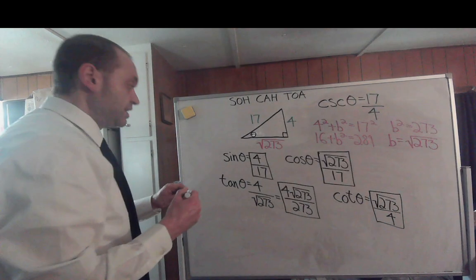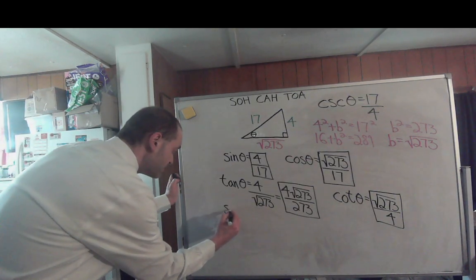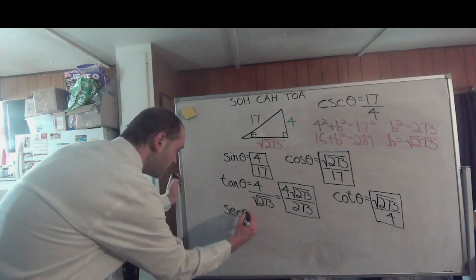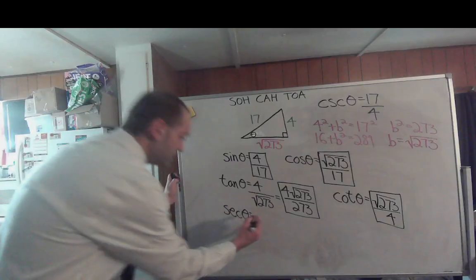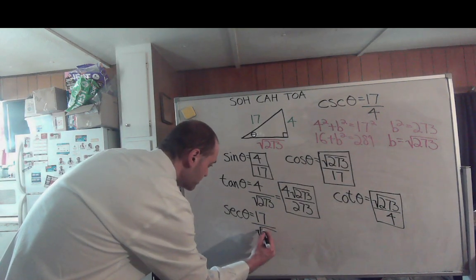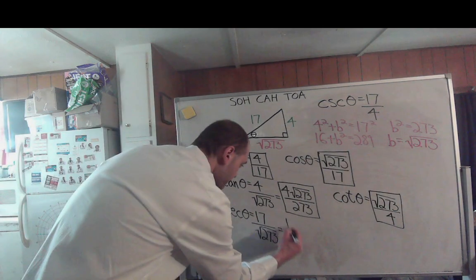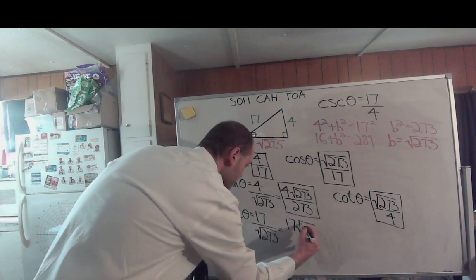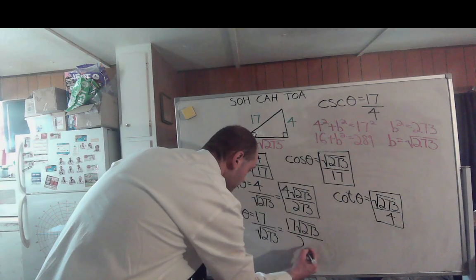And last but not least, let's go for the secant. So that means the secant of the angle is going to be the hypotenuse over the adjacent leg, so that would be 17 over the square root of 273, which would turn into 17 times the square root of 273 all over 273.